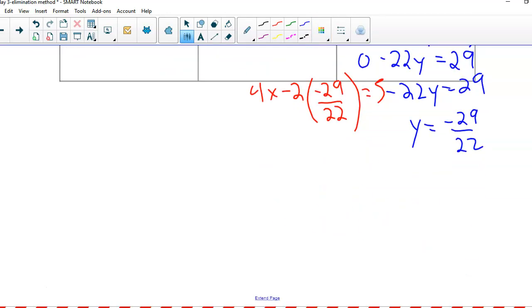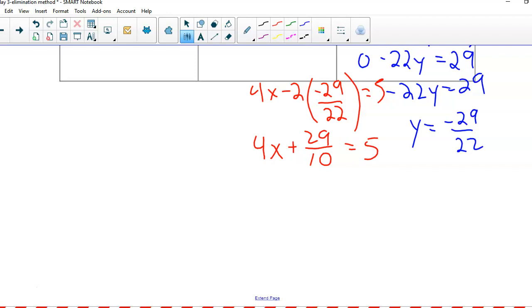Put this in your calculator. Negative 2 times negative 29 over 22. Negative 29 over 10. 4x plus 29 over 10. And then we would need to do what? Subtract this over.